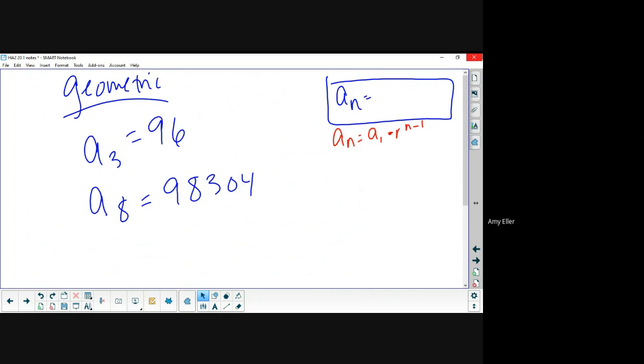If you did come up with an answer, plug 8 in for n and see if we get that large number.